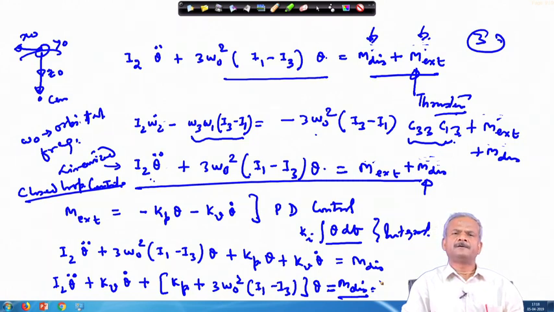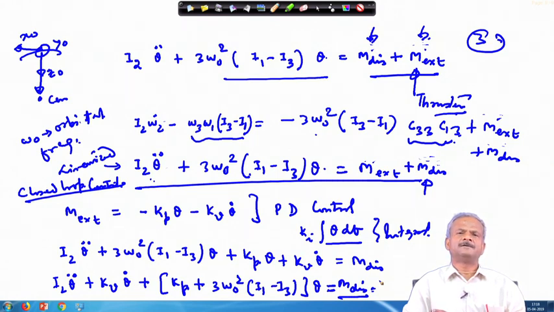So, therefore, in most of the cases it is customary to take the disturbance and model it, where the highest value of the disturbance, its magnitude, is taken for the analysis. What is done is that you are trying to prove the stability of the system. So, we will assume that the maximum disturbance amplitude will be this much.